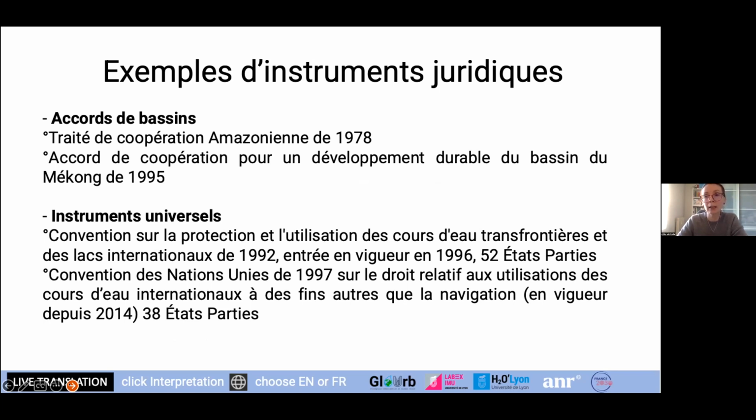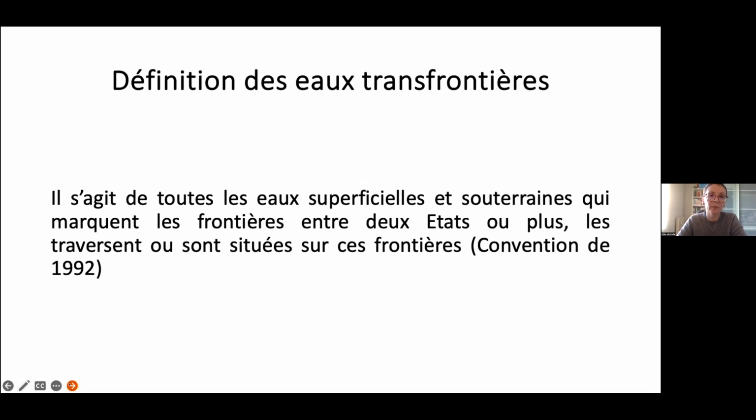So this is interesting to note. This entered into force not long ago, in 2014. So it took a long time for it to be applied. And there were different states that didn't take part in the convention, like China. China is not a party to that convention.